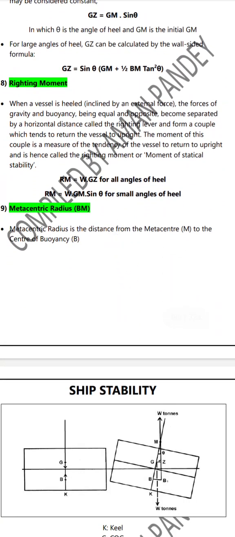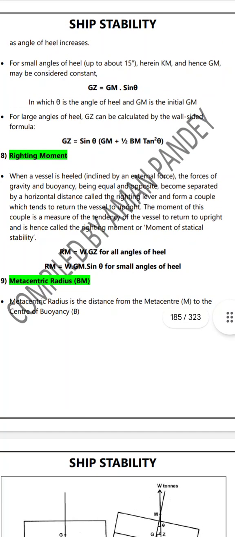Righting moment is nothing but W into GZ, the moment required by the vessel to upright the vessel. When the vessel is heeled, the center of buoyancy is being changed.